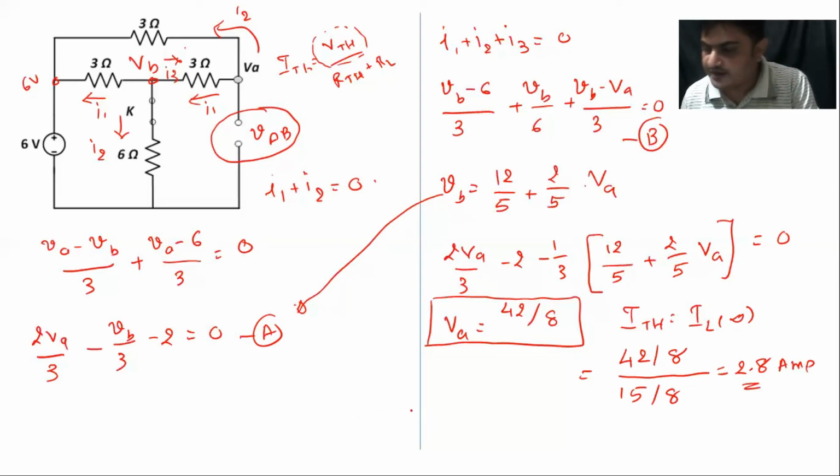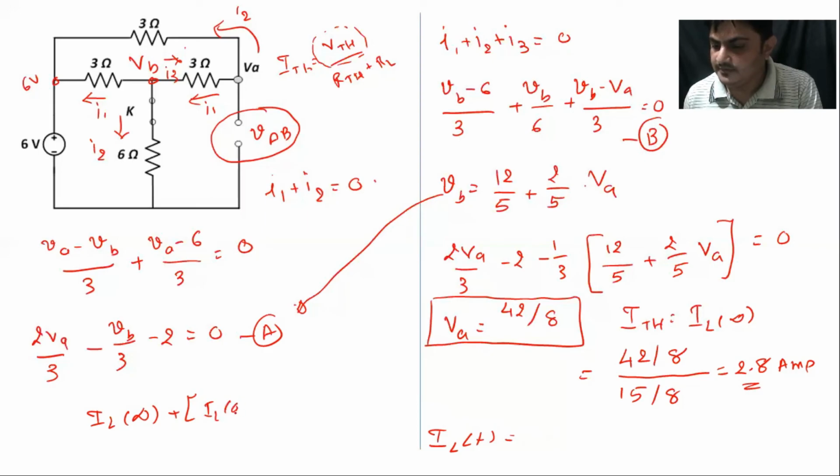Okay, now let us calculate the final answer. Let us say IL(t) is equal to, my expression is, IL infinite plus IL(0) minus IL infinite, times e raised to minus t by tau.